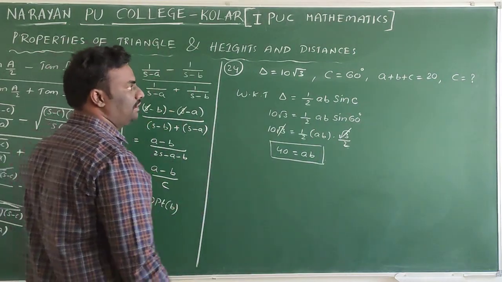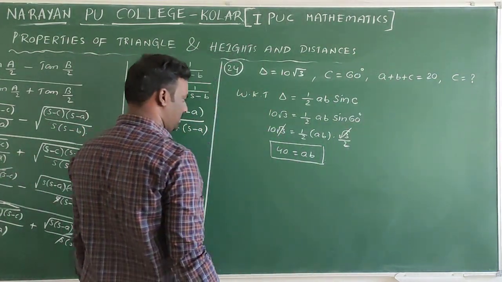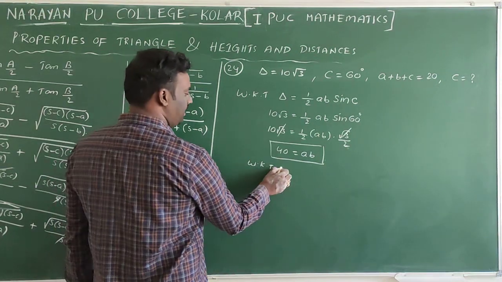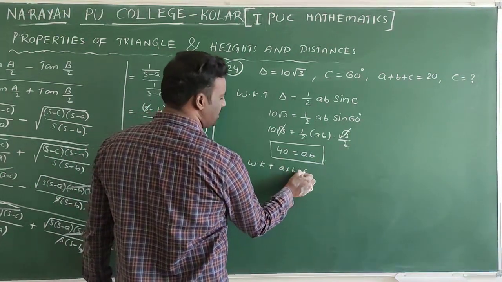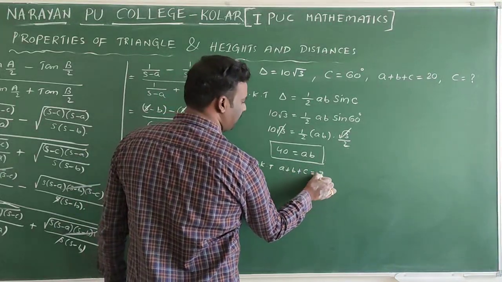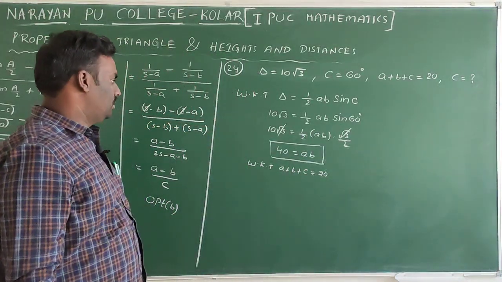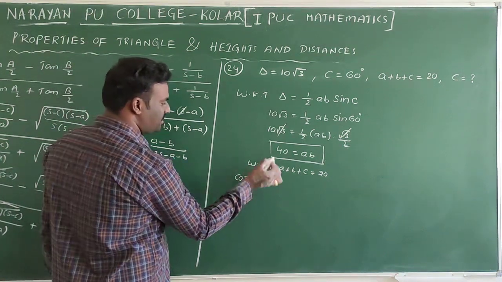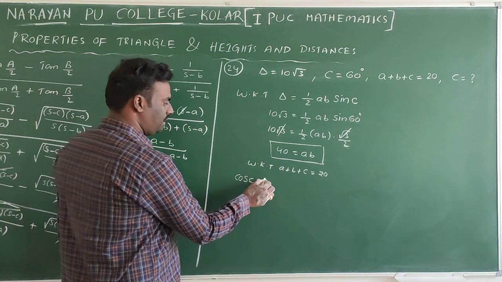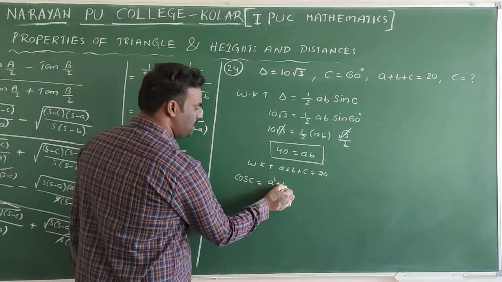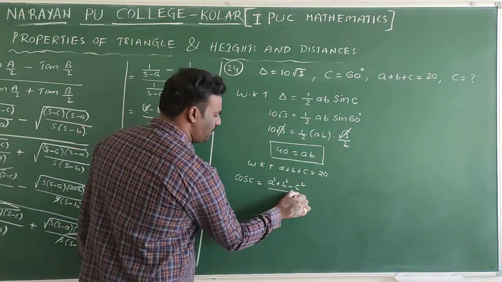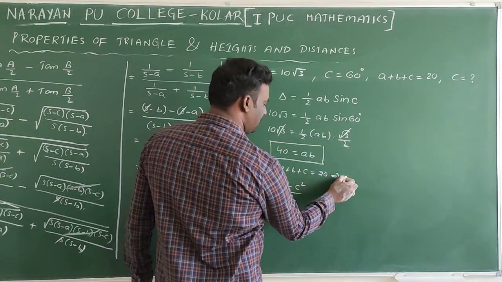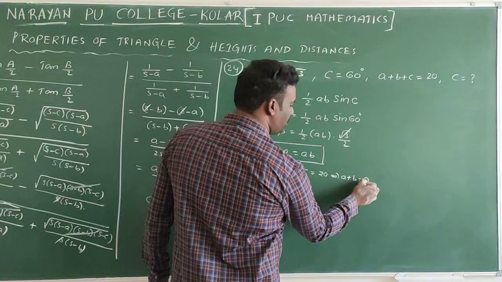Now we got the ab value, but we require small c. How to find it? From this we know that a plus b plus c is equal to 20. So we know the formula cos C is equal to (a square plus b square minus c square) by 2ab. From this I can write a plus b is equal to 20 minus c.